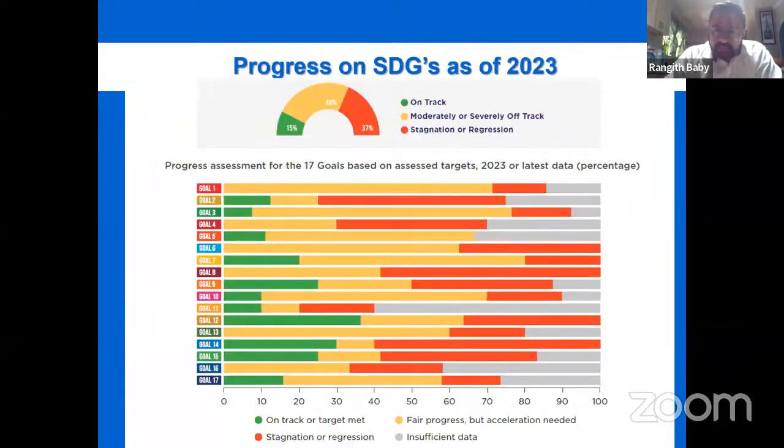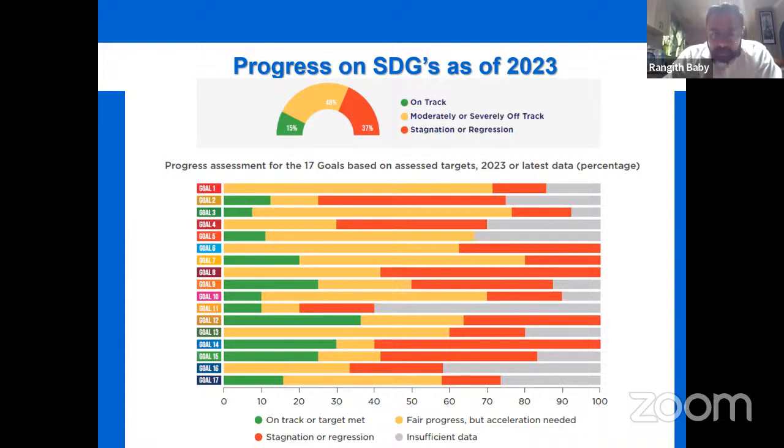As of 2023, this is the progress chart for all 17 goals. If you have a look here, the green is an indicator that the goals are on track, while a yellow section shows that they are moderately or severely off track, while a red indicates that there is stagnation or regression as far as the goal achievement is concerned.